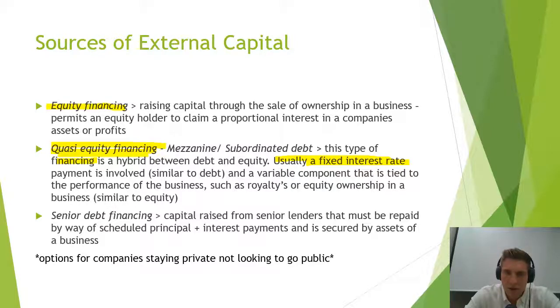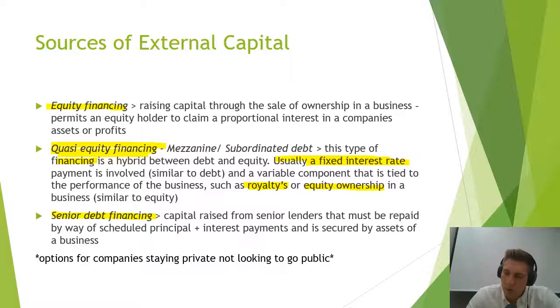But there is also a variable component, such as a royalty fee, which is a distribution of profits, or through an equity ownership in a company, which makes it similar to equity. So that's quasi-equity financing. The last bullet point here, we have senior debt financing.